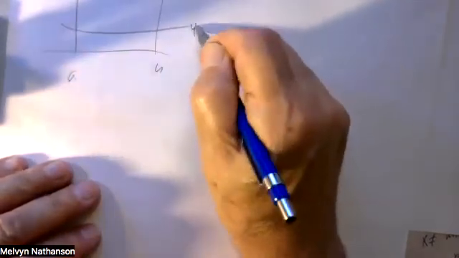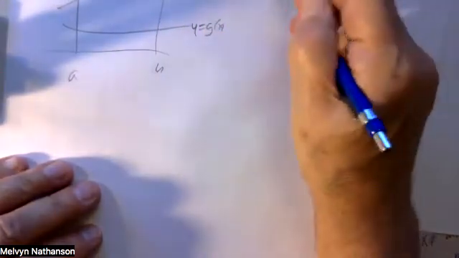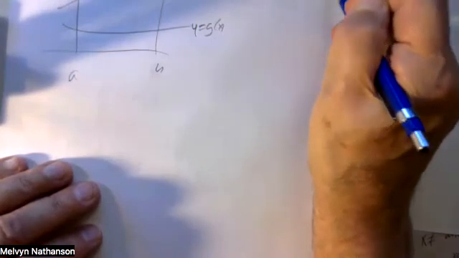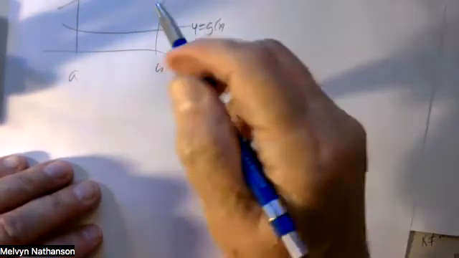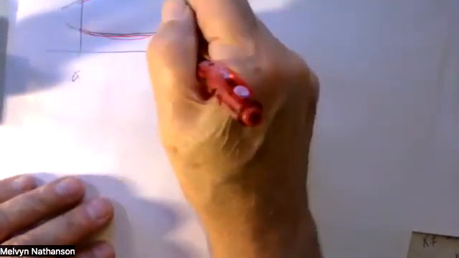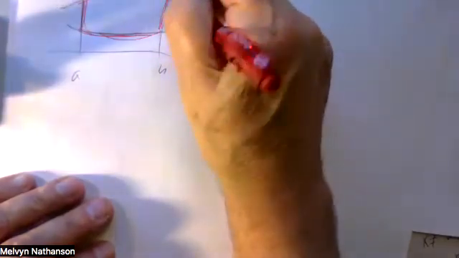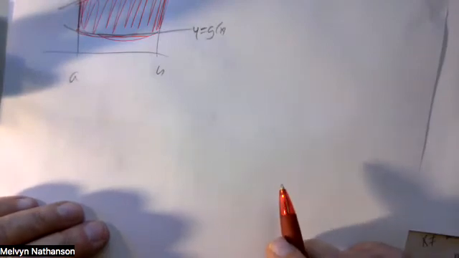We might have a function y equals g of x, and another function y equals h of x, and g of x is less than or equal to h of x for all x between a and b. So we can look at the region which is bounded above by one curve, bounded below by another, and by the vertical lines x equals a and x equals b. So that's my region R.